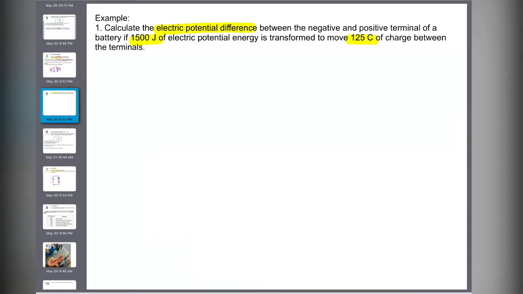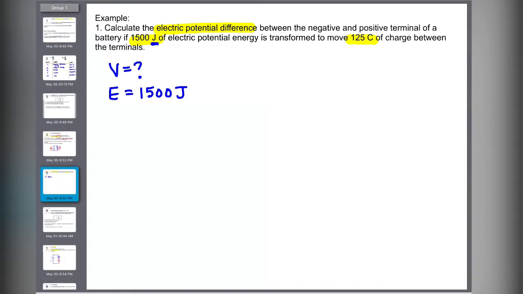So knowing the name electrical potential difference, I want to calculate the electrical potential difference, meaning your voltage is V. Then they tell you that it's measured in joules, so you know that this is the energy. Even without reading the words, the unit can help you recognize what symbol they are talking about. So 1500 joules. And then they tell you that it moved 125 coulombs.